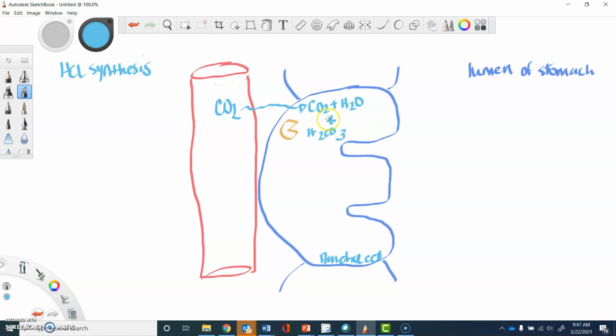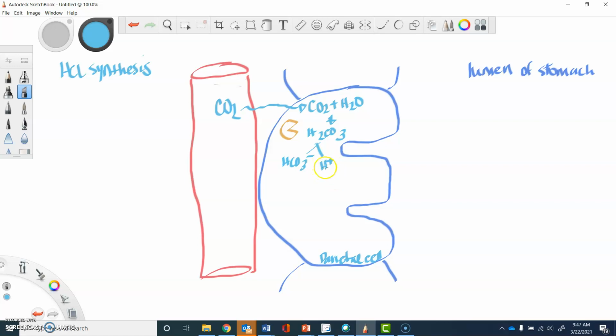That H2CO3, and again, this is through the carbonic anhydrase that we have, can be broken down into hydrogen ions and bicarbonate, HCO3. So at this point, from the carbon dioxide, we have hydrogens now.